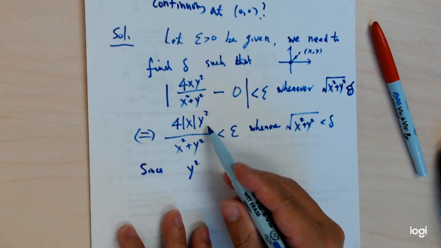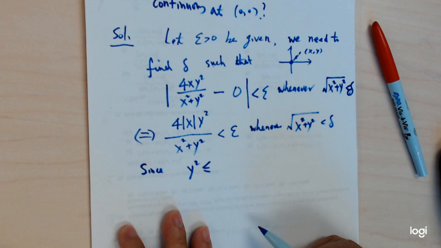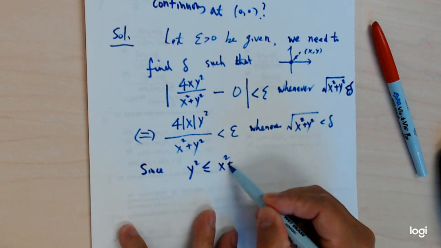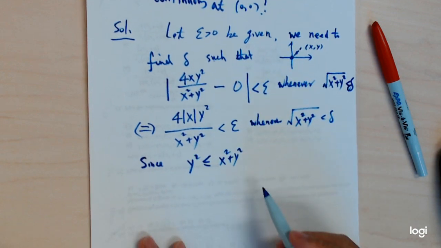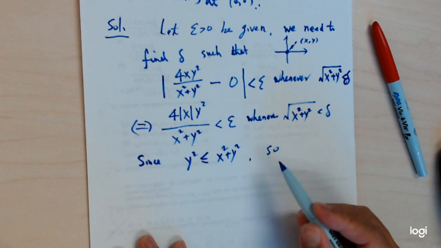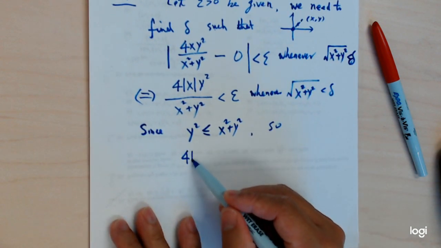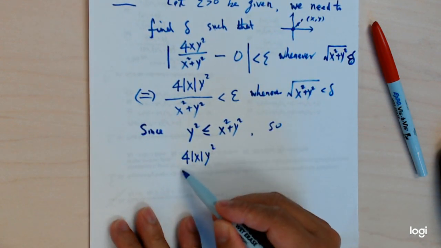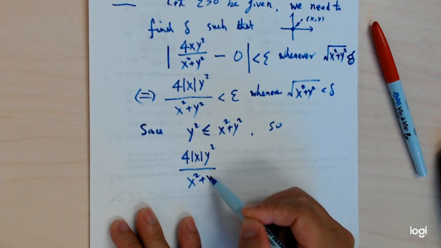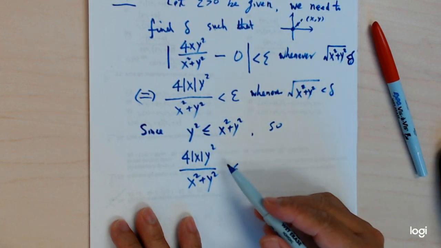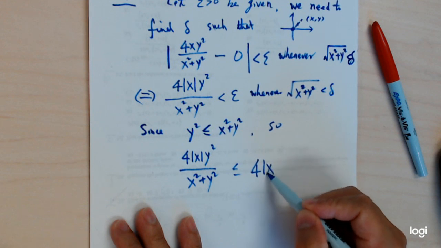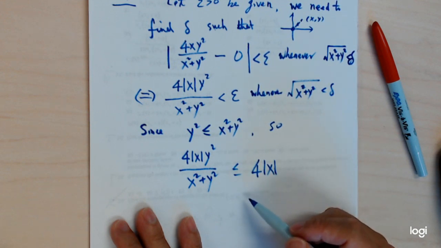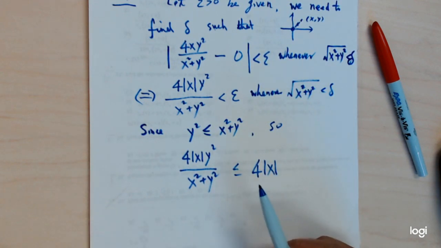The y squared on the top is obviously less or equal to x squared plus y squared. So this is less or equal to just 4 times the absolute value of x, because this fraction here is less than 1.